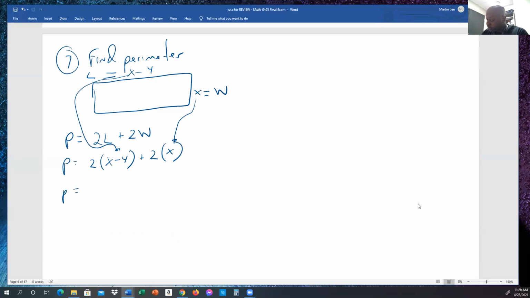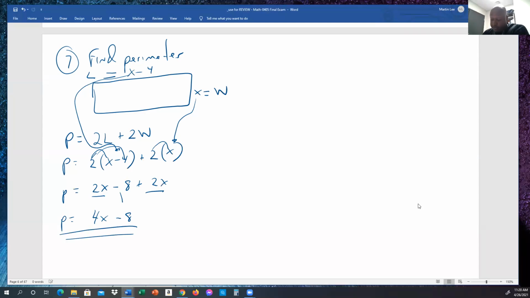So the perimeter equals, now distribute, 2 times x gives me 2x, and 2 times -4 gives me -8, plus 2 times x is 2x. Now I combine like terms, 2x plus 2x gives me 4x, and bring down -8.